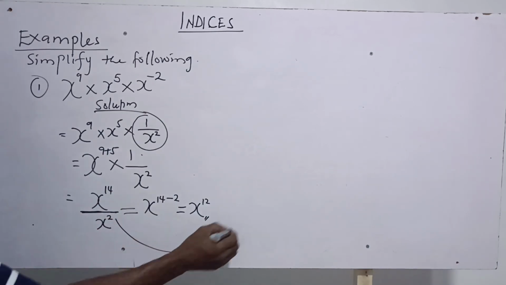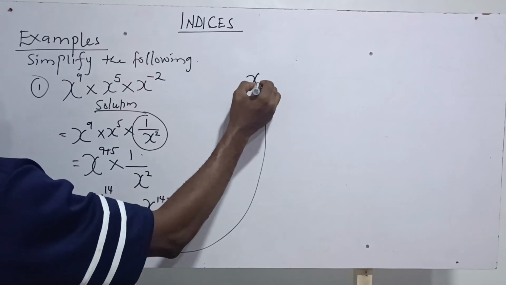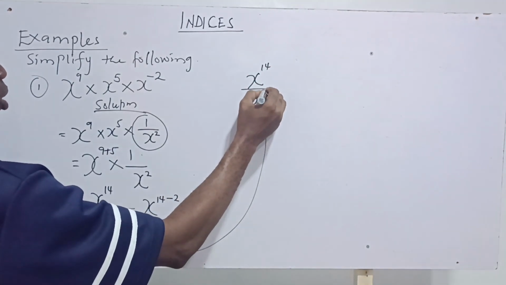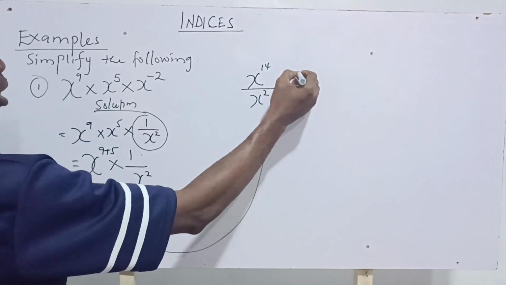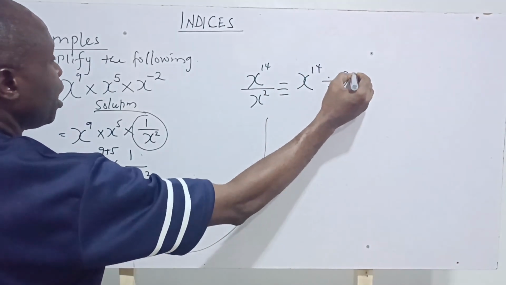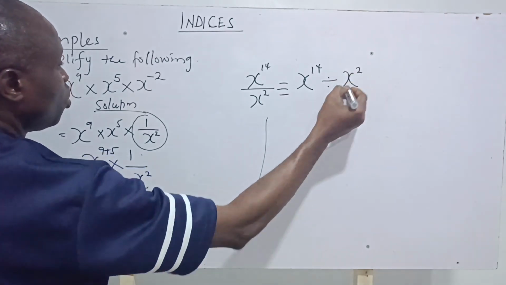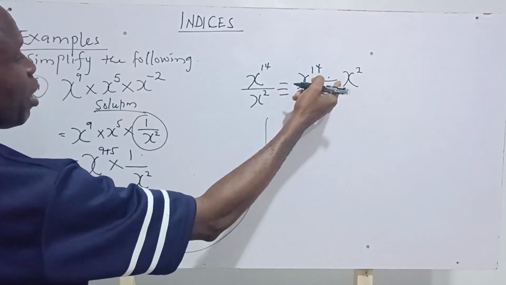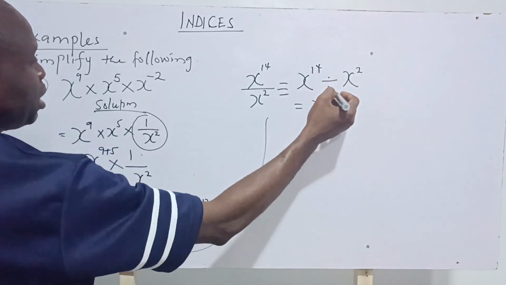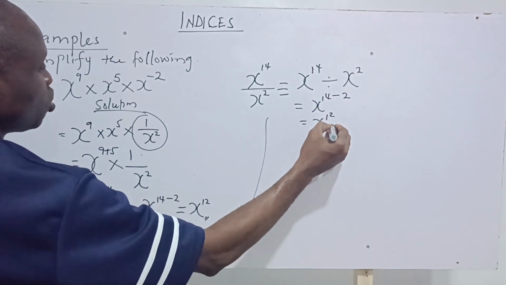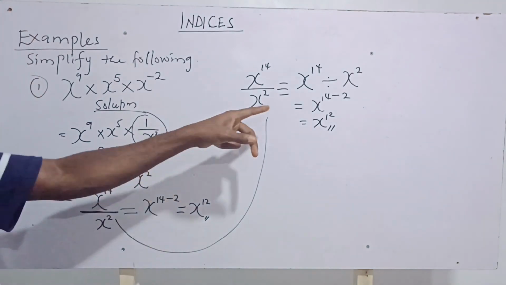This can be expressed as x raised to power 14 divided by x raised to power 2, and when you're having division, you subtract the indices, 14 minus 2, which gives us x raised to power 12. That is the answer.